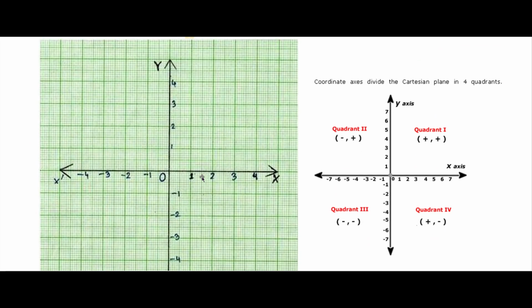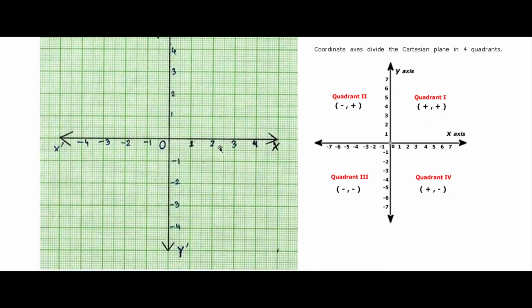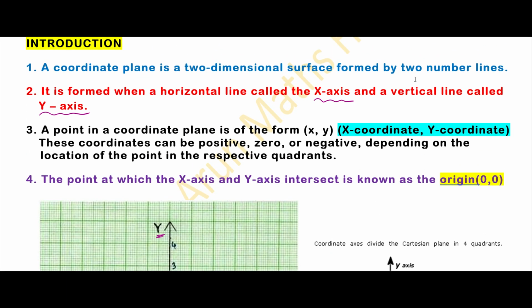You can observe it in this graph. The horizontal line is called the x-axis and the vertical line is called the y-axis.